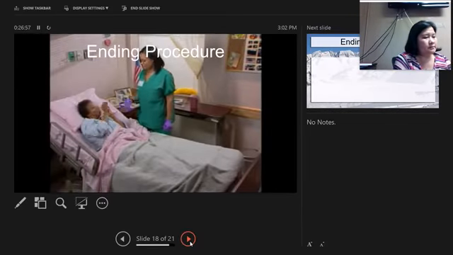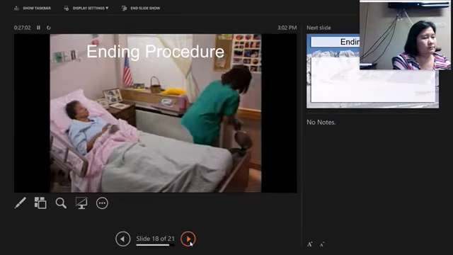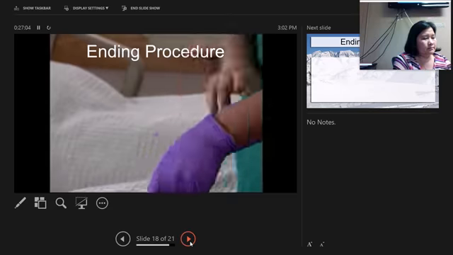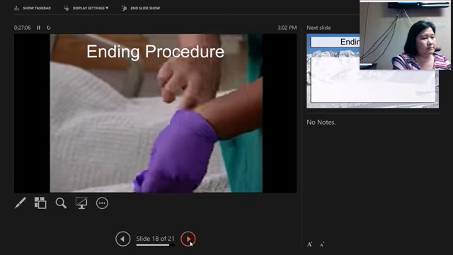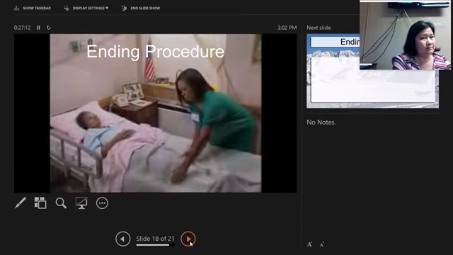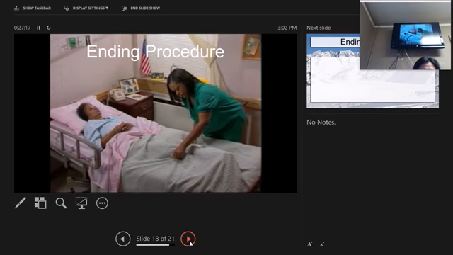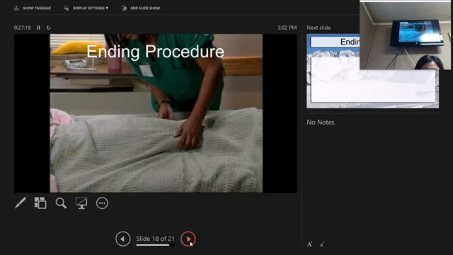Now we will discuss procedure completion actions. Like the beginning procedure actions, these steps should become part of each resident care procedure. Remove your gloves and dispose of them. Check to make sure the resident is comfortable and in good alignment. Replace the bed covers, then remove any drapes used.